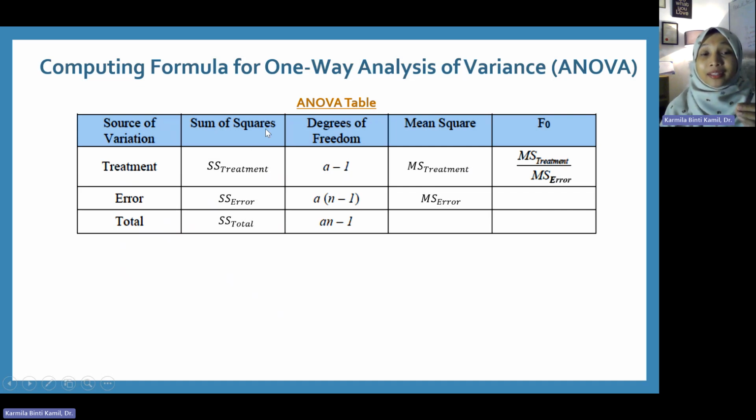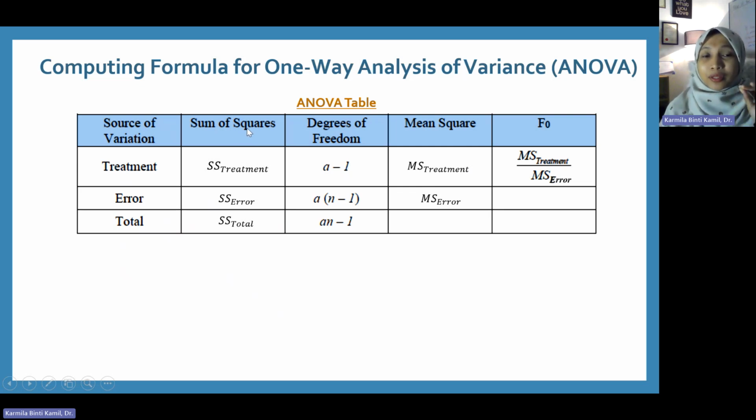Sum of square, later we will describe what sum of square is, and degrees of freedom. But now I just want to introduce to all of you the ANOVA table before we know the formula and how to complete this table.